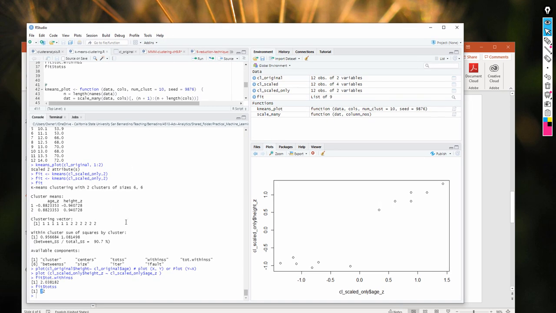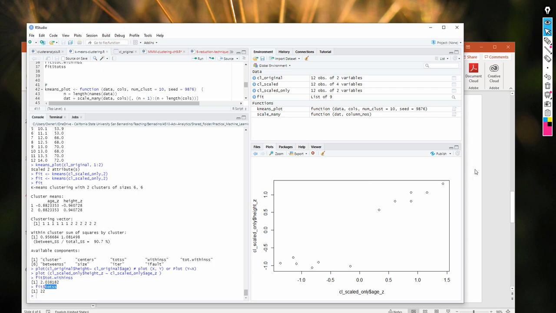So let's just summarize. The cluster vector is obvious, and the ratio between SS and total SS is very important. And I just explained what tot.withinss and totss really mean.